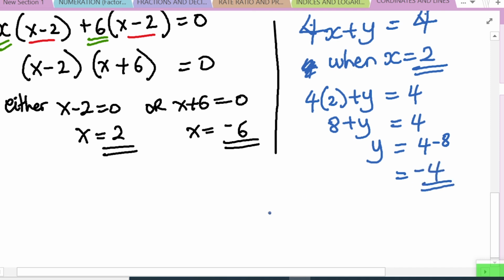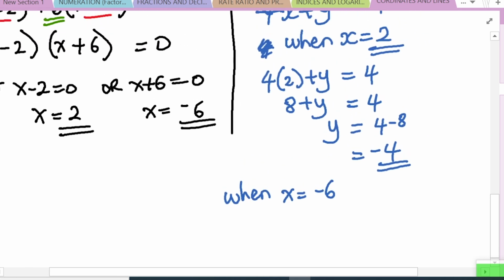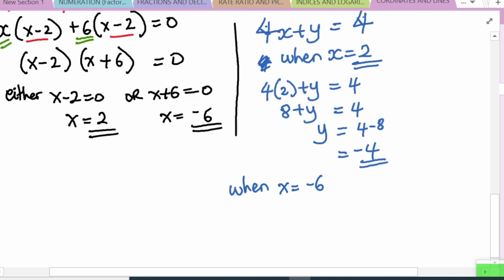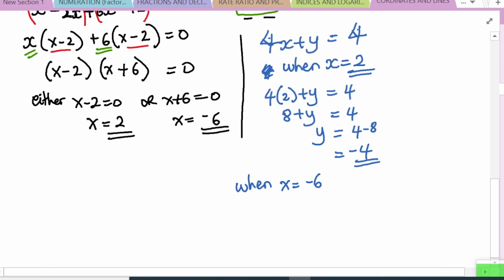And then also, when x is equal to negative 6, what is y? We quote the formula still: 4x plus y is equal to 4. So it is 4 times my value of x, which is negative 6, plus y is equal to 4.